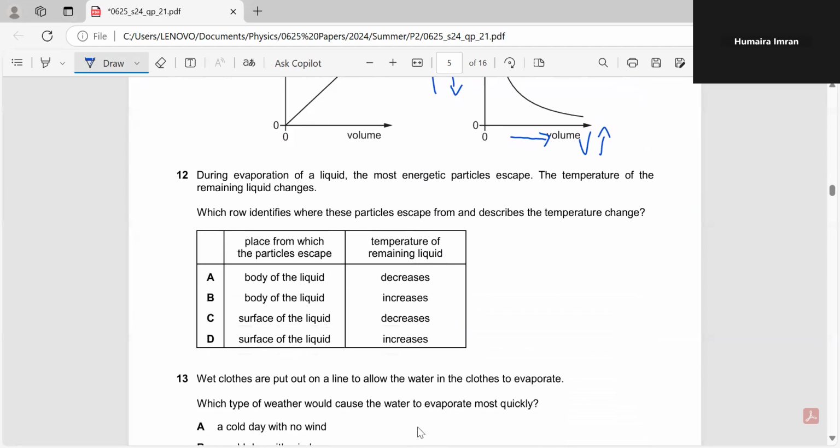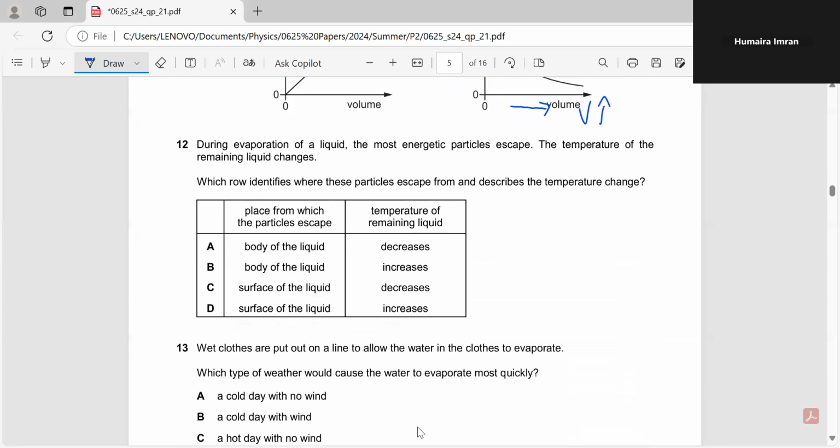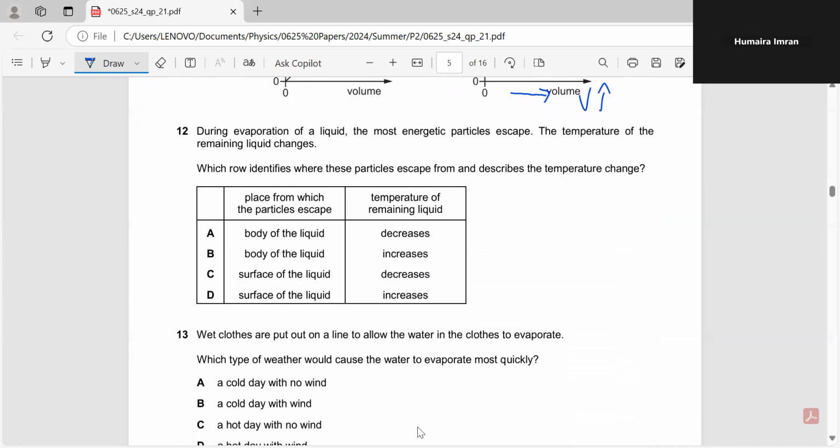Next question. During evaporation of a liquid, the most energetic particles escape. The temperature of the remaining liquid changes. Which row identifies where these particles escape from and describes the temperature change?